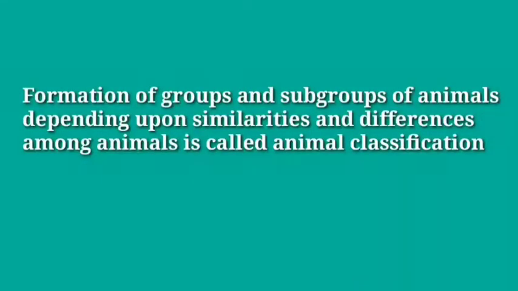So there are variations in the characteristics of animals. So it's important that we should classify the animals. Let's see the definition. Formation of groups and subgroups of animals depending upon similarities and differences among animals is called as animal classification. Means we are dividing them into groups and subgroups.